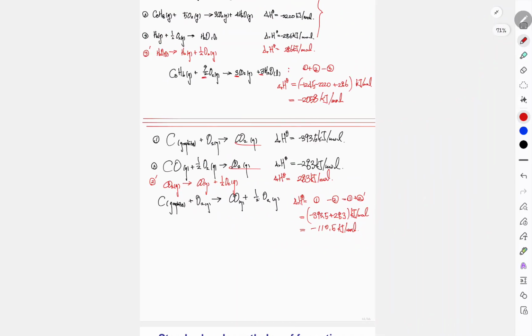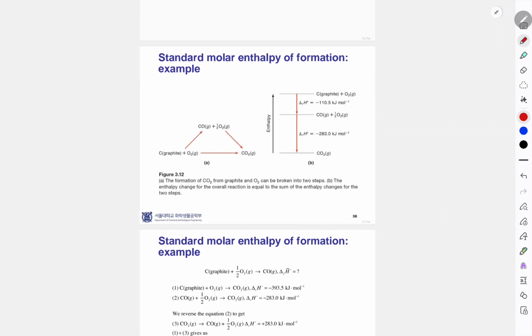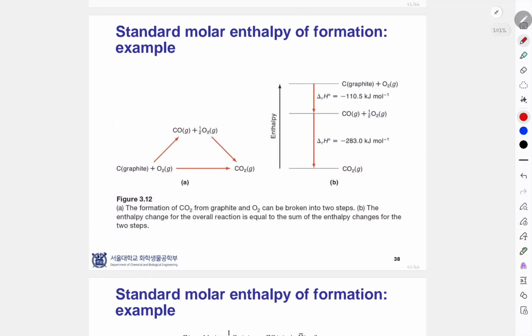Or we can learn this easily from this diagram: draw the initial and final states, and then add a level where we can estimate CO and oxygen should be, something like here. Then we can calculate the reaction enthalpy graphically. It is just mathematics; check the chemical reactions carefully and then you can get it.